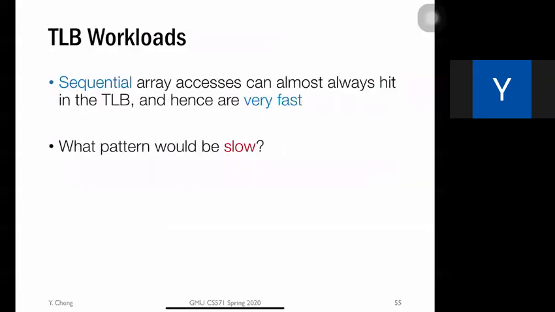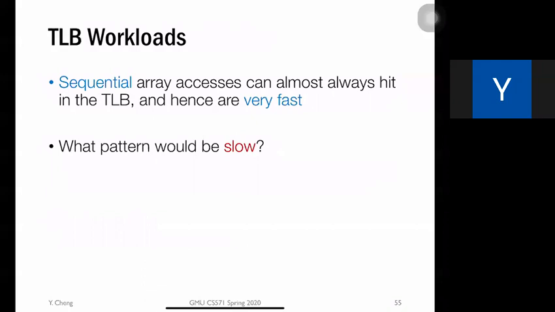Okay. So about TLB workloads, this page translation workload, what kind of workloads does the TLB benefit the most? The first type of workload is called sequential access. It's just like the array iterator, where we just scan through each and every entry within this array.